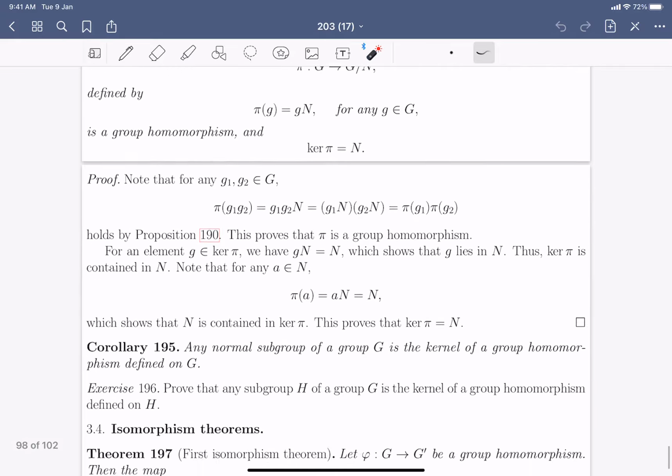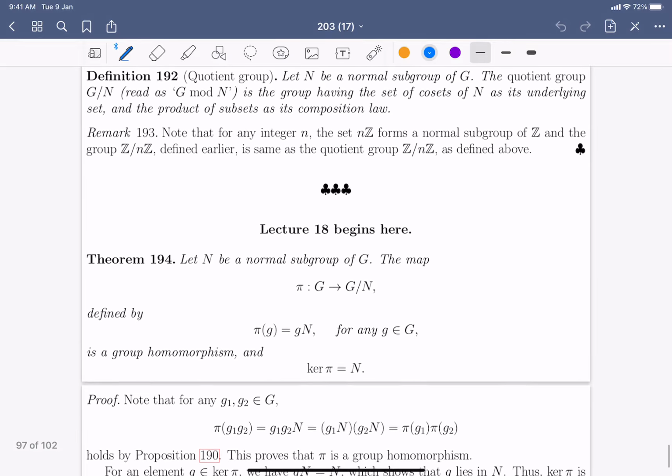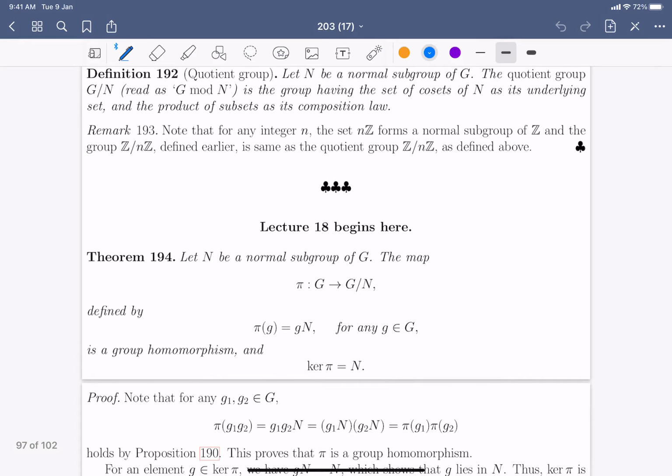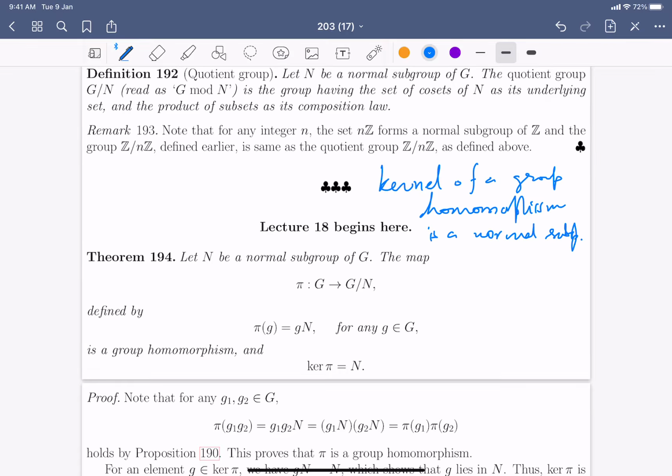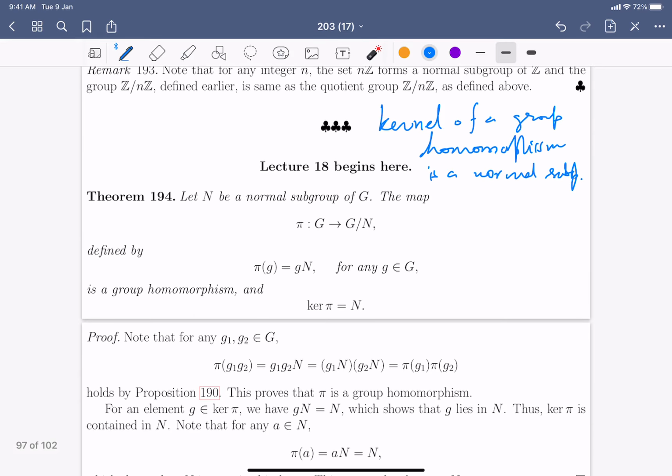One of the reasons, which you have already seen, is that the kernel of a group homomorphism is a normal subgroup. This is something that we have seen while discussing group homomorphisms and kernels of group homomorphisms.